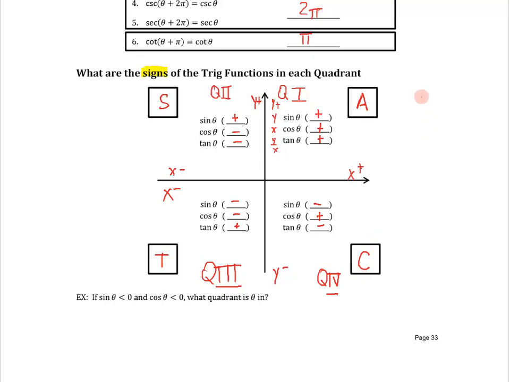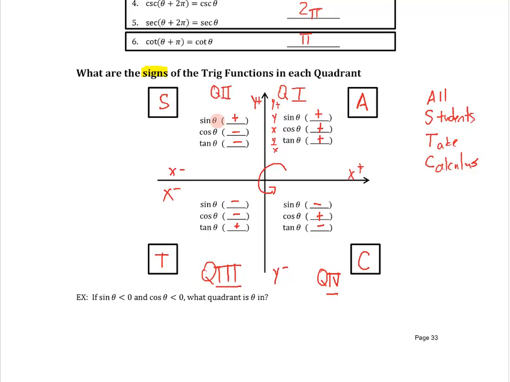So an easy mnemonic to remember this order, the way that I remember it, I'm always going counterclockwise, so quadrant 1, 2, 3, 4. I remember: all students take calculus. Maybe it's not a true statement, but it should be.